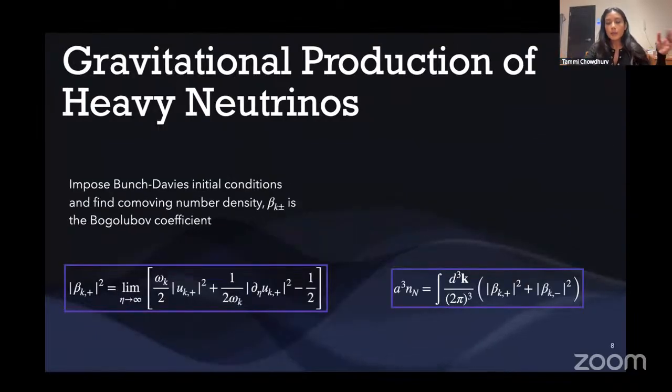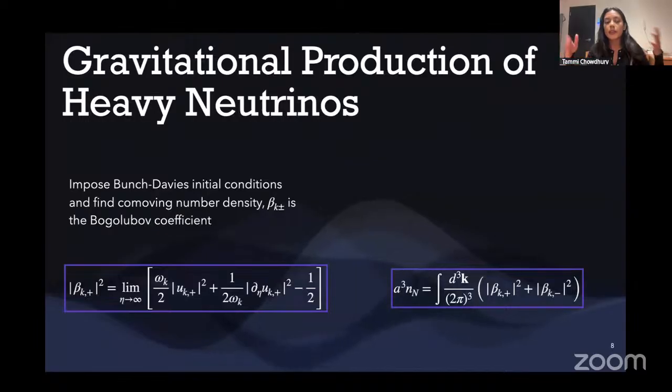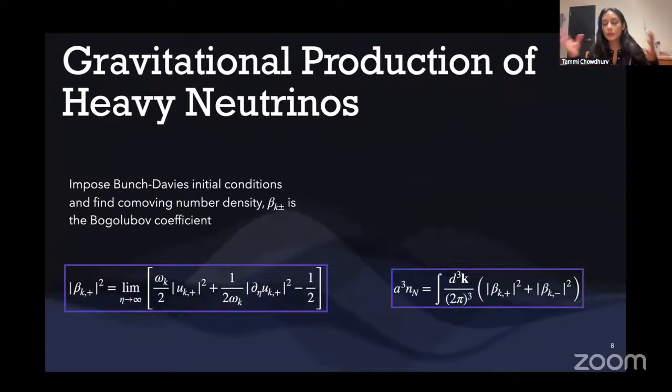And with that Bogoliubov coefficient, beta sub k, you can calculate the co-moving number density of these heavy neutrinos as essentially the squared value of that beta coefficient, imposing some initial conditions. We call them the Bunch-Davies initial conditions. But this is the expression for the number density that will be produced from this gravitational mechanism.